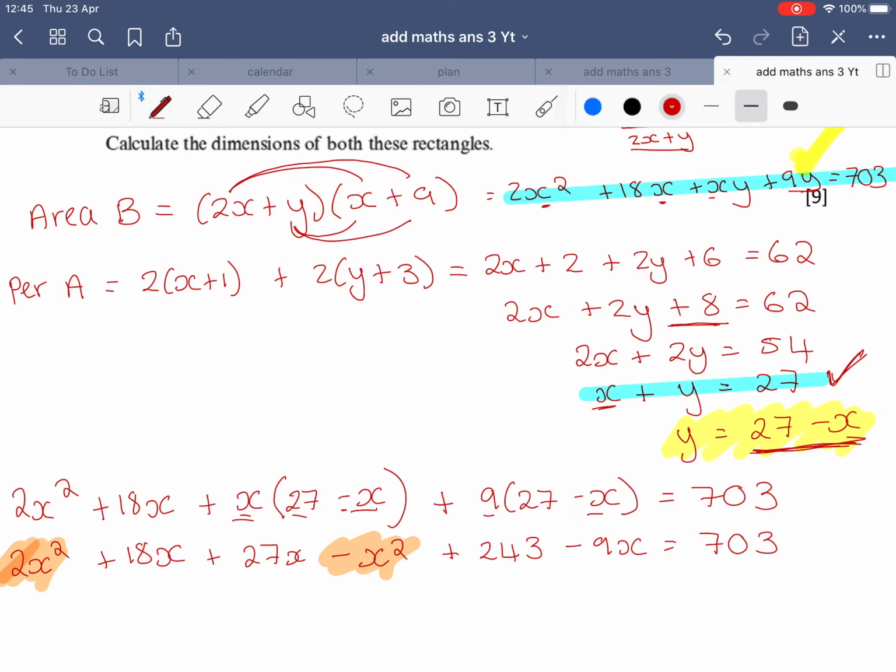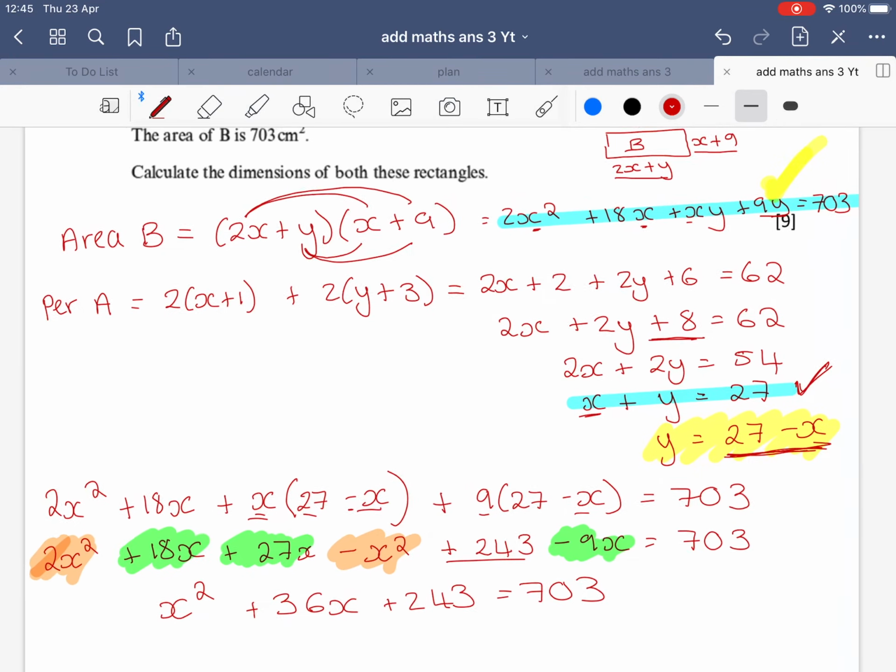You've got 2x squared minus 1x squared. That's just x squared. Now we've got, let me use a different colour so I don't get confused. You've got 18x plus 27x, is there another x? Minus 9x. So that should make 36x, and I've still got 243. And this equals 703.